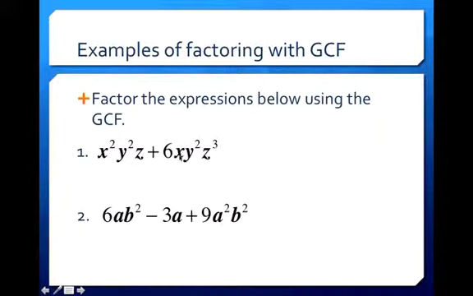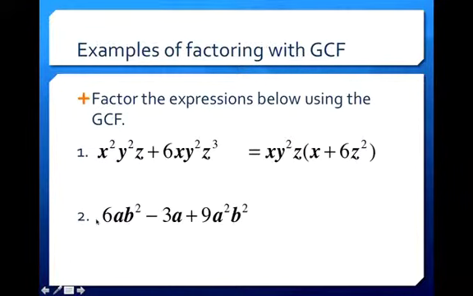I can't divide this by x squared, it wouldn't help us out. Now I can divide both of these by y squared, and I can divide both of these by z. So that makes the greatest common factor x, y squared, z. That's the greatest common factor that goes out in front of the parentheses.